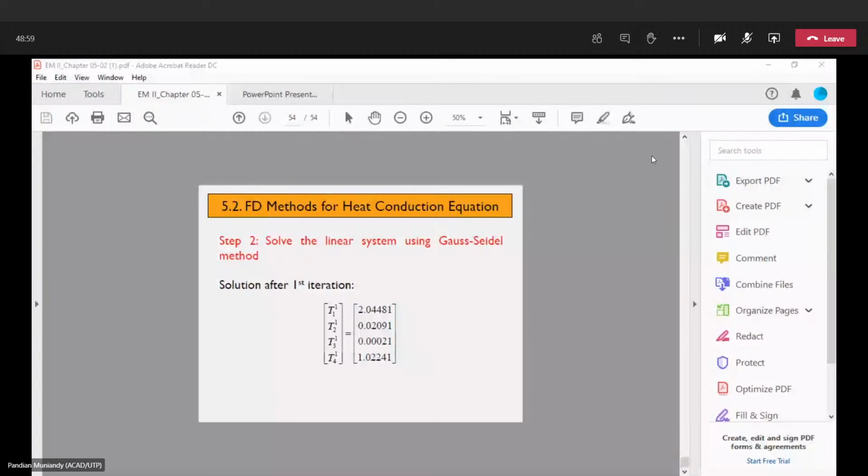091, sorry. Divided by 2.04175. 0.020875 multiplied by 0.02091 divided by 2.04175. So what is the answer?